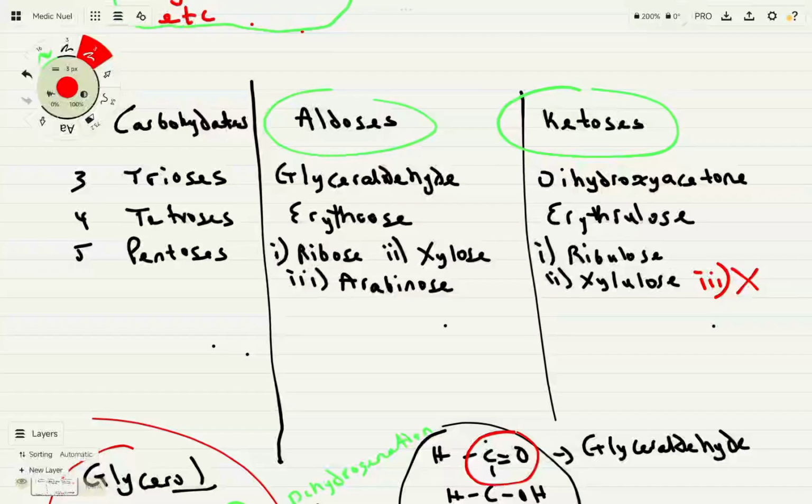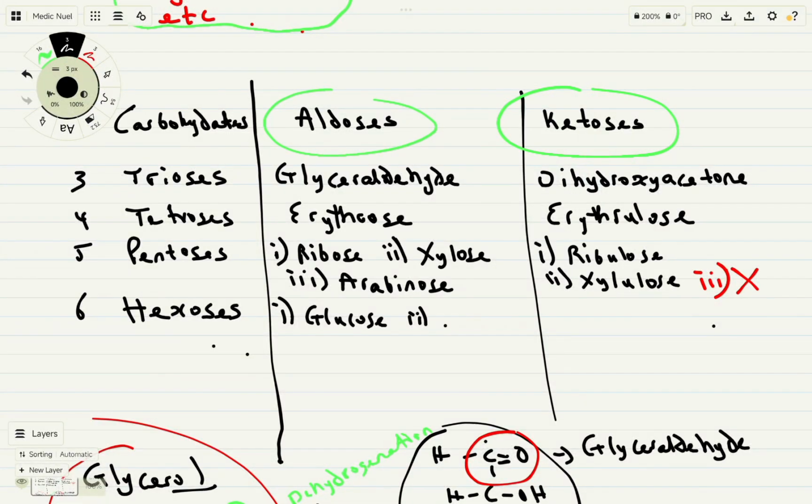Now for the 6-carbon ones, they are called hexoses. These are the most common ones. I won't say they are the most useful, but they are actually the most common. So we have glucose, we also have galactose, and we have mannose.